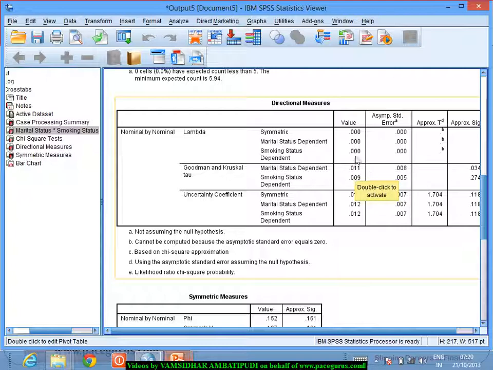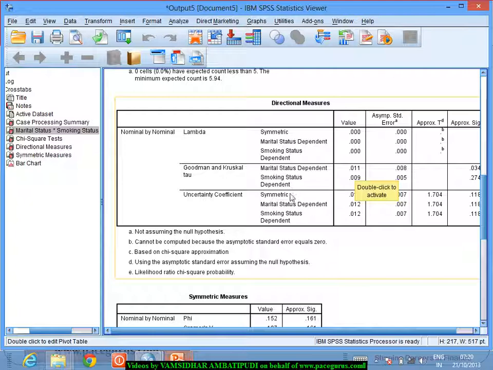If these values are very high, at least 40-50%, 0.5, 0.4 plus kind of numbers, then I could very well say that by knowing the marital status, I could very well identify the smoking status.